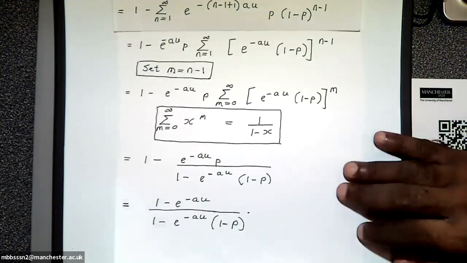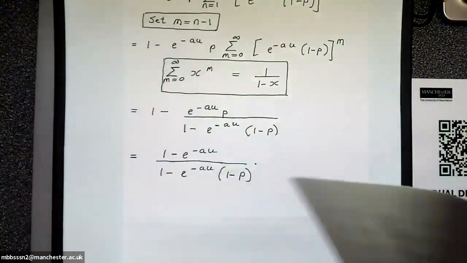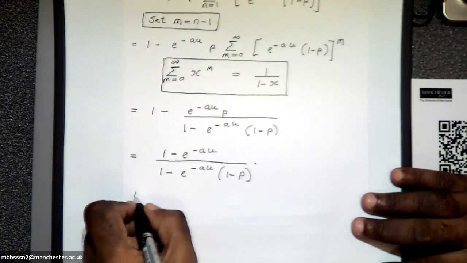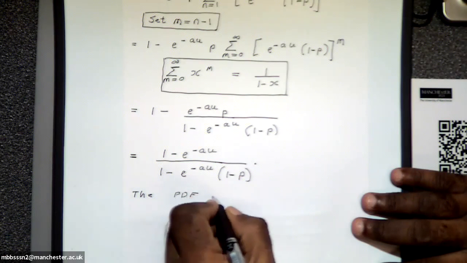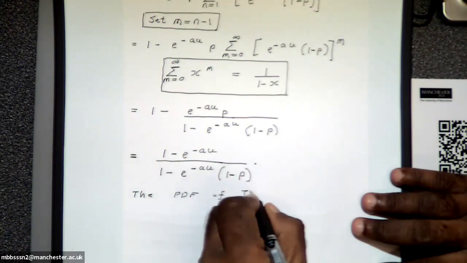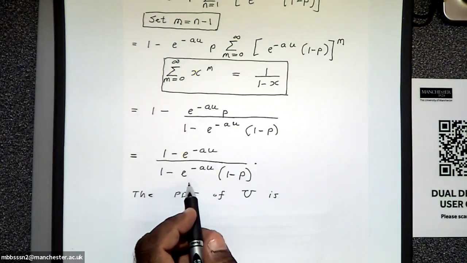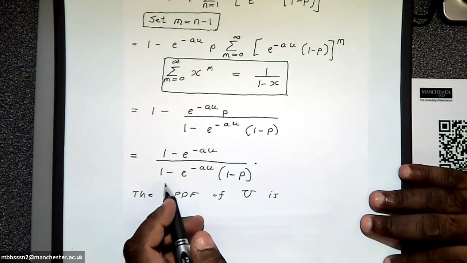All right, now to find the PDF of U, you need to differentiate this with respect to u, right? So you need to use the quotient rule.